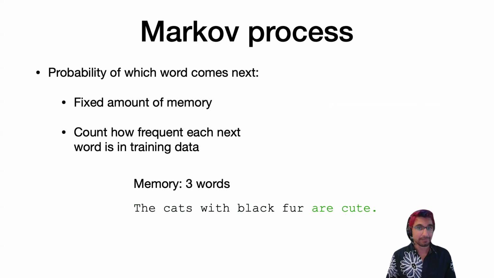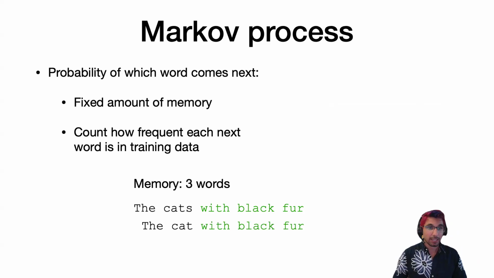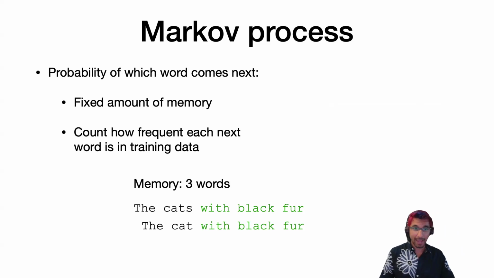Now, this method, it'll sometimes work to generate good sentences like this, but it runs into big problems. First, you sometimes need more than 3 words of memory to be able to grammatically complete a sentence correctly. So if we jump back to this stage in the training sentence, the only words in the memory are "with black fur," and it's going to look at all the places in the training data where those 3 words occurred together. Maybe it occurred both in "the cats with black fur" and in "the cat with black fur."